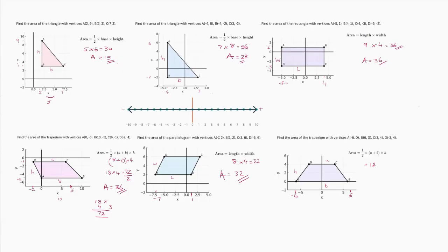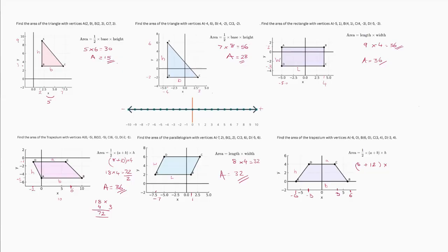A, D would be here. So D is -3. And C is 3, which is 6. Times our height, which is quite easy actually.